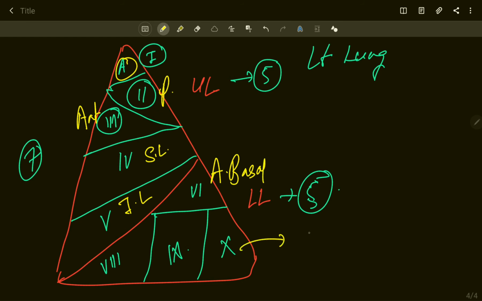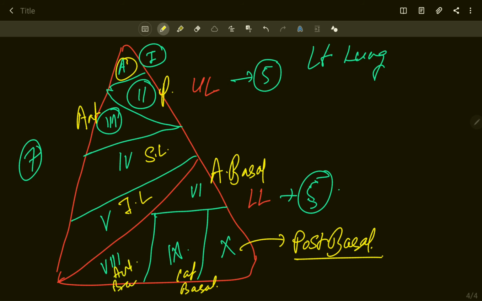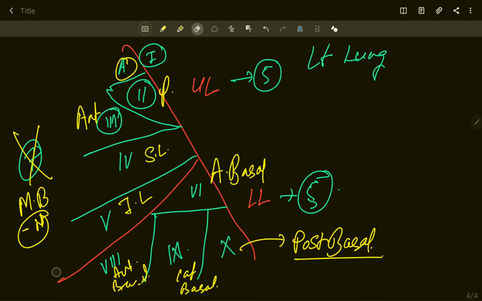Number 10 obviously is the posterior basal. This is lateral basal and this is anterior basal. So same thing, actually the segment 7 or medial basal is absent in the left lung due to the cardiac notch.